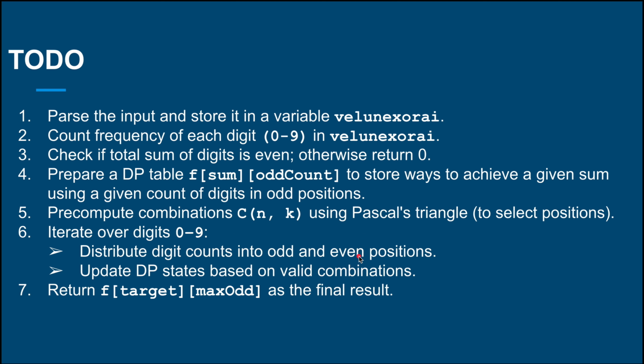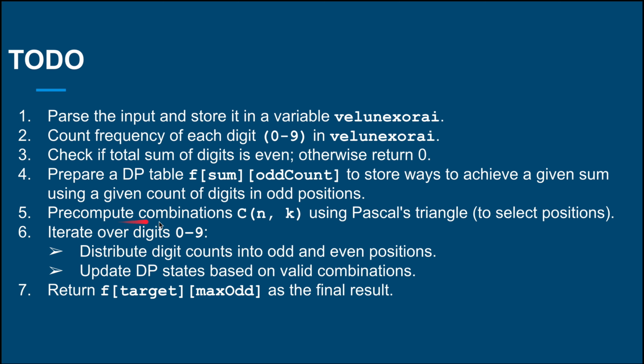Okay, so what are the to-dos to solve this problem? As the question says, based on that we will create a variable and store the parsed value. Then we'll take the frequency count of each digit 0 to 9, and we'll check if the total sum of digits is even, otherwise we'll return 0. Then we will prepare a DP array, or DP table, and let's name the function at sum and odd count, and we'll store the ways to achieve a given sum using a given count of digits in the odd positions.